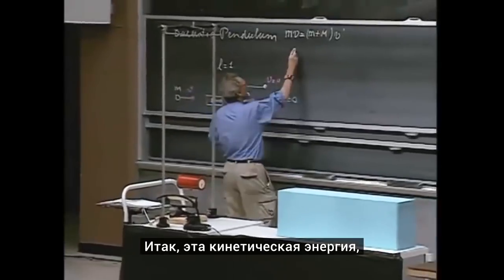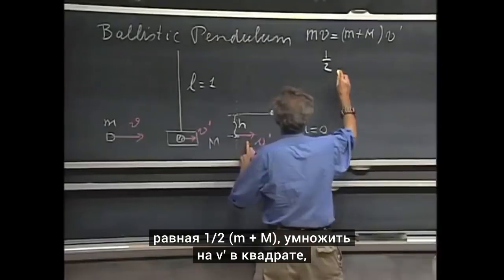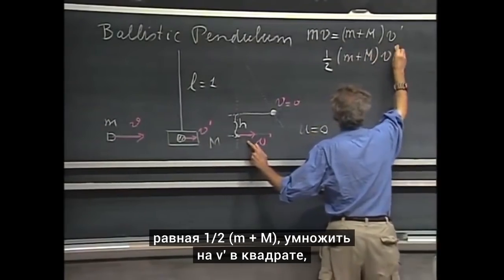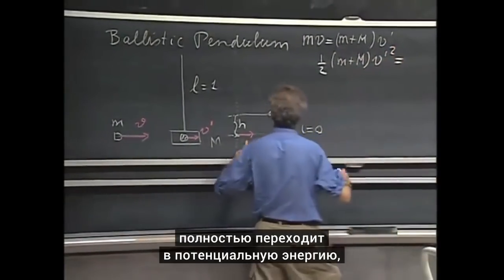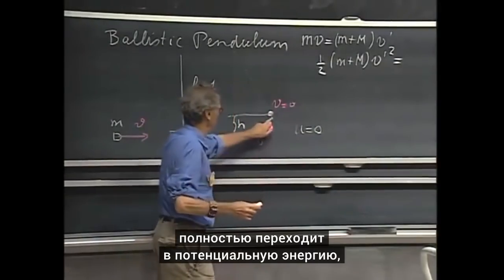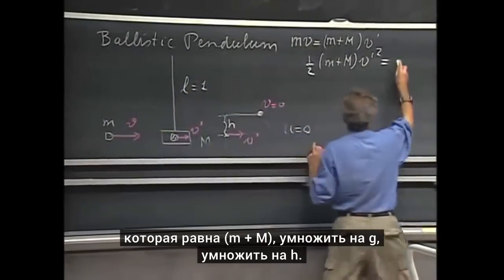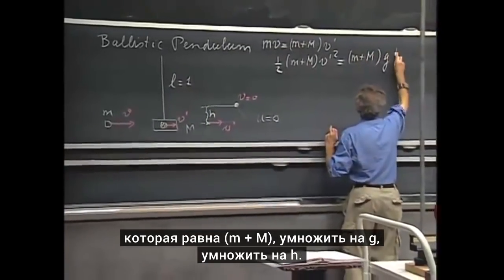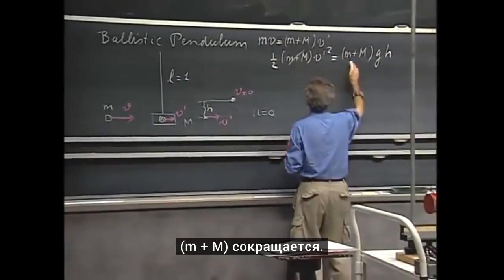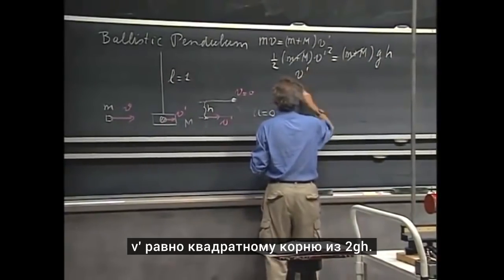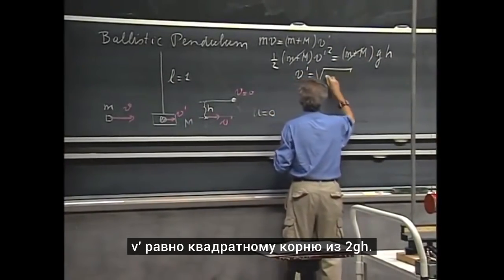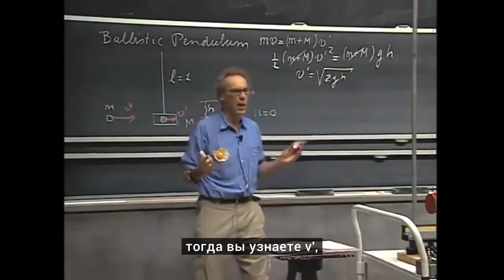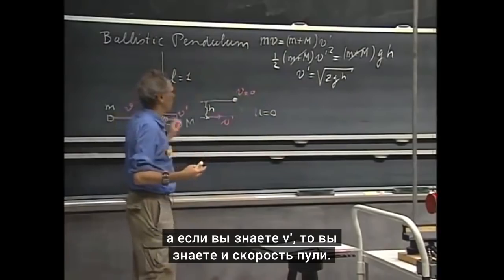And so this kinetic energy, which is 1/2 (M plus m) times v prime squared, is now converted exclusively to gravitational potential energy, which equals (M plus m) times g times that h. And we lose our (M plus m), so v prime would be the square root of 2gh. And so all you would have to do is measure h, and then you know v prime, and if you know v prime, you know the speed of the bullet.